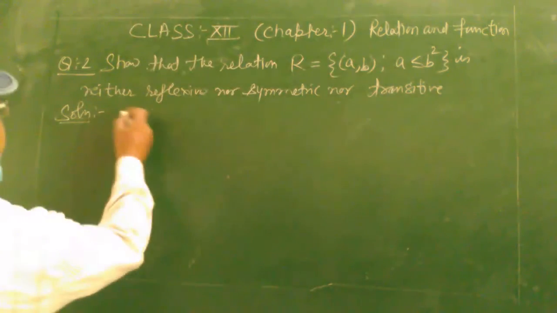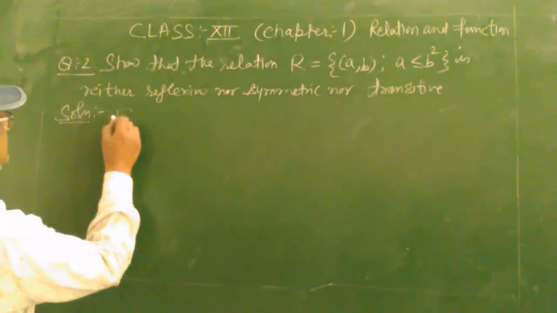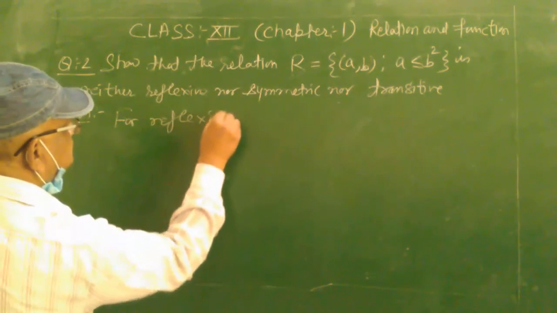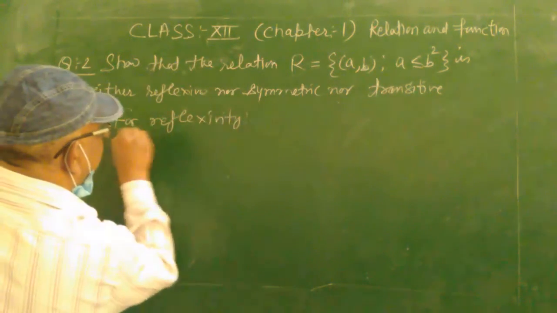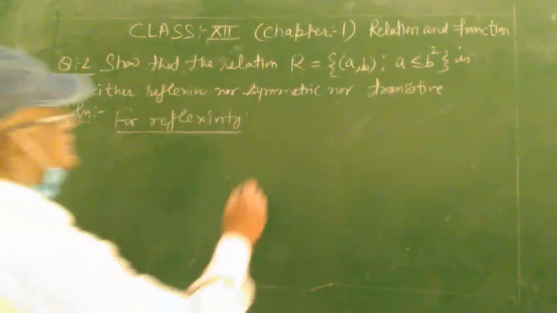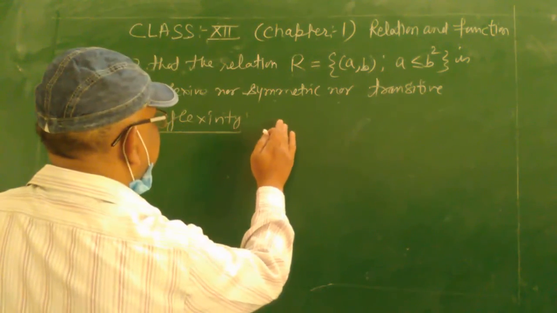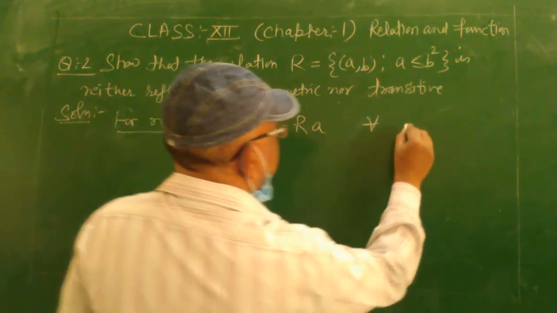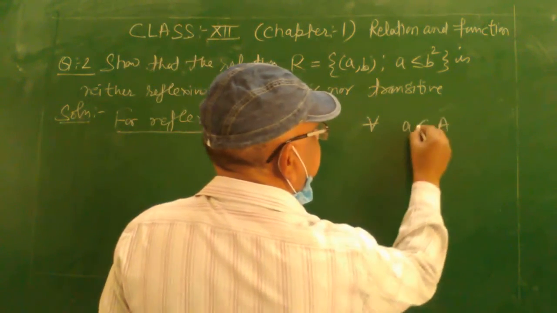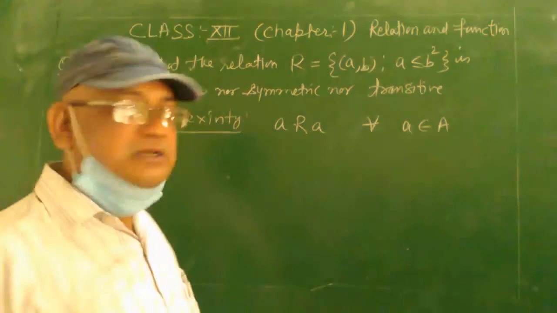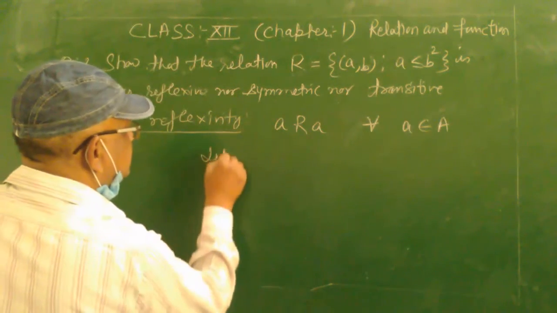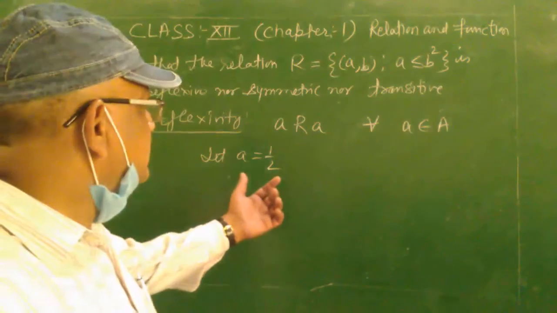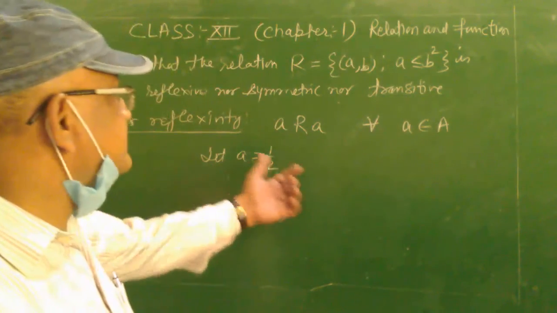Now see this. First we will take reflexivity. In reflexivity, taking the definition of reflexivity, a is related to a for all a belongs to the set A. So this was the definition. Let a be equal to half. You are taking a real number, that is a equal to half.